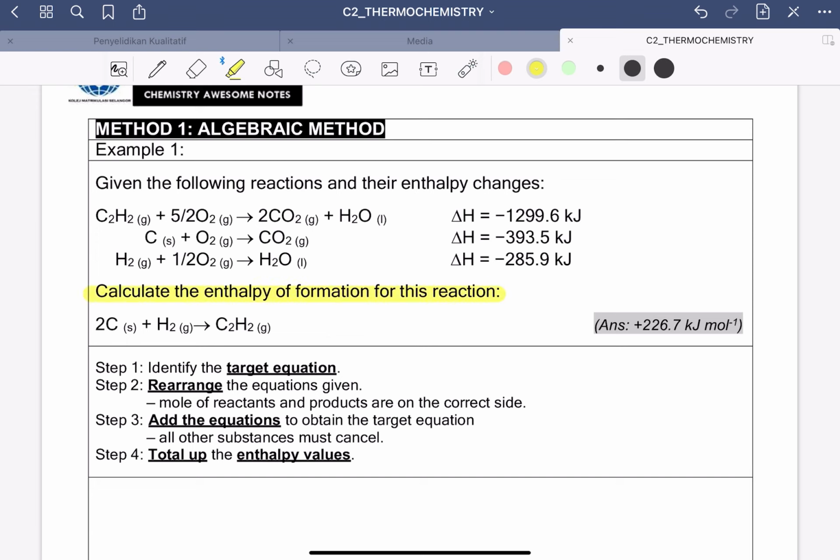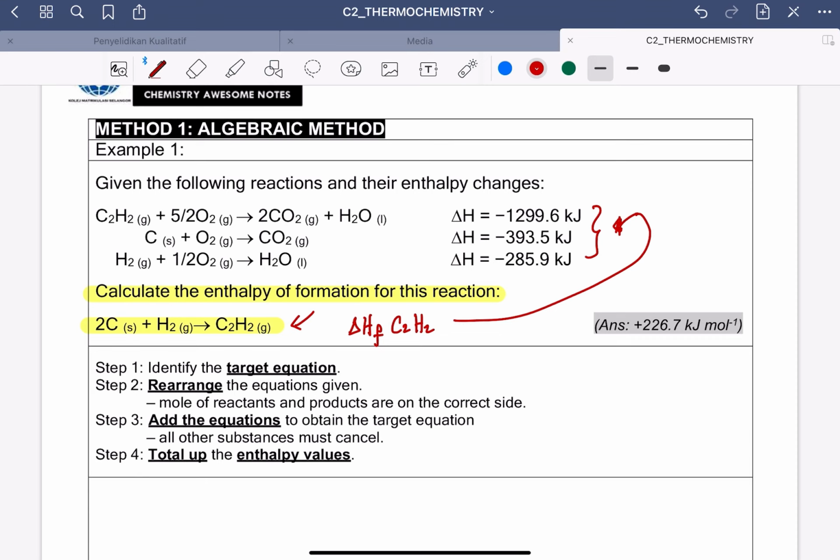So the question is actually asking you to calculate this reaction. How can we find the enthalpy of formation for C2H2 based on the data given to you, based on all these three data?